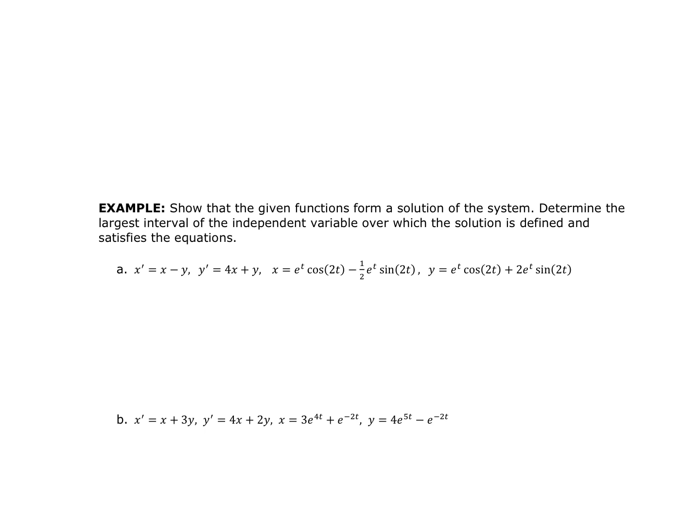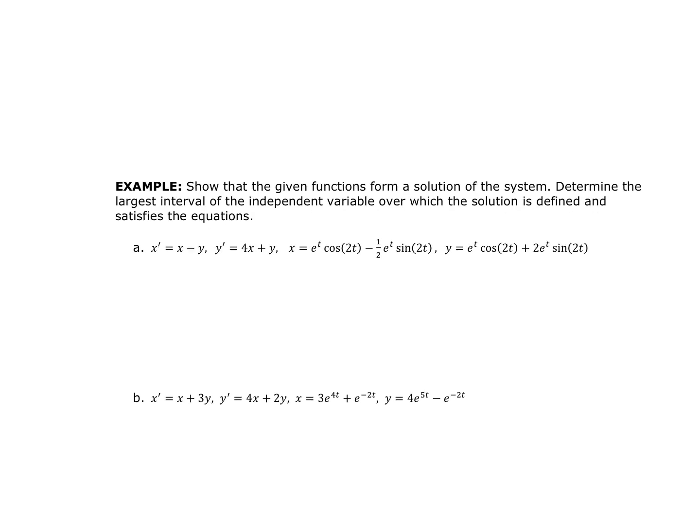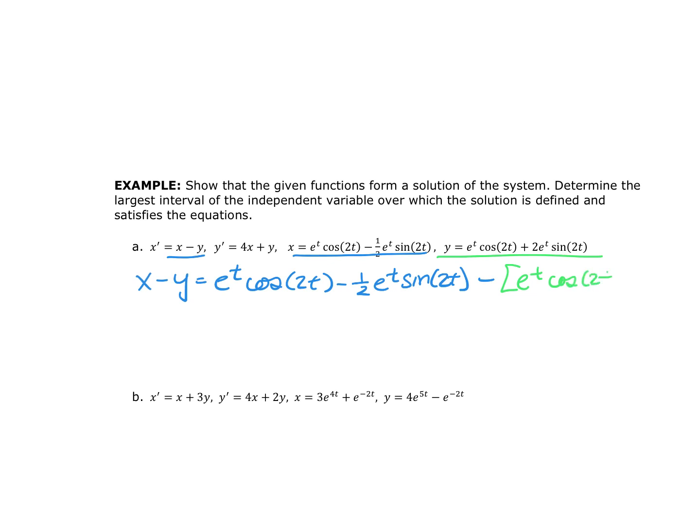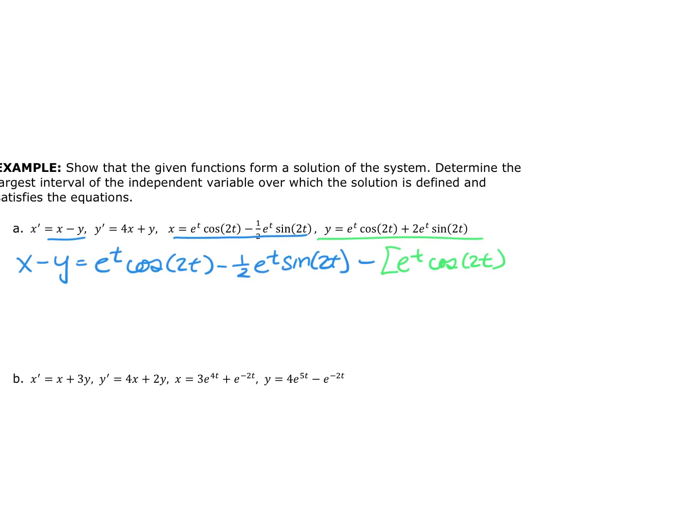So the first thing I'm going to do is say, hey, I've got an x value and I have a y value. So this, x minus y, is going to be equal to, well, here's my x: e to the t cosine 2t minus 1/2 e to the t sine of 2t, minus, and here's my y, e to the t cosine of 2t plus 2e to the t sine of 2t.